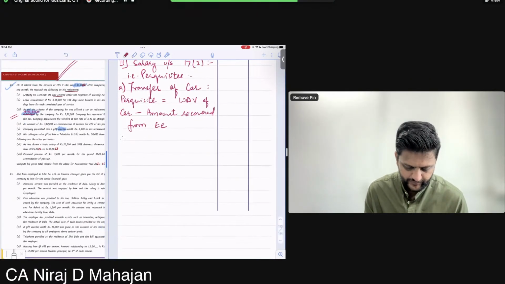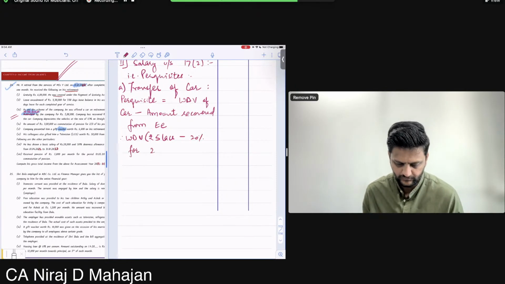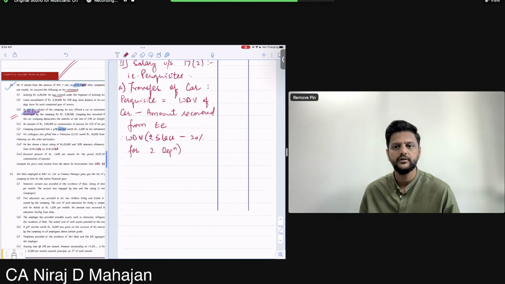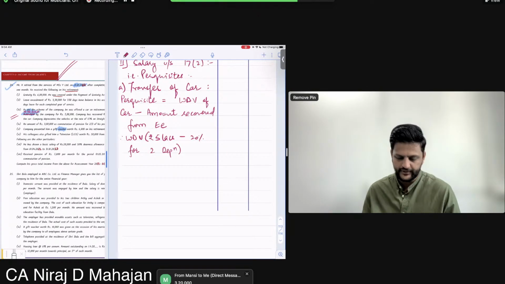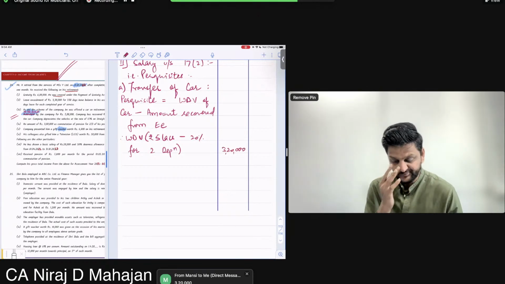Therefore, WDV: I'm writing here rupees 5 lakhs minus 20% for 2 years depreciation. Tell me this figure. 320, okay, no problem.